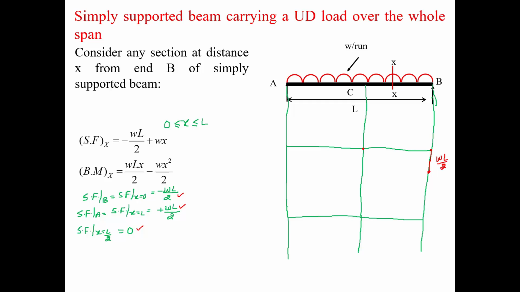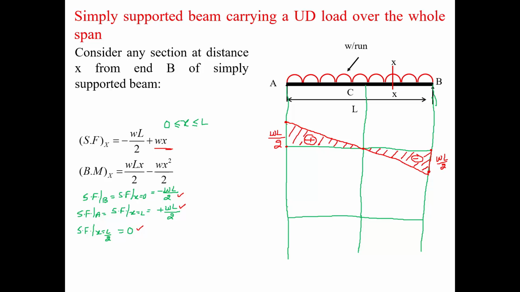So here, and at point A it is again plus WL by 2. So let us say somewhere here. Now to join these points, you have to use the equation of a straight line. So therefore we join them with the help of a straight line, which will pass through the point C. So this is a positive zone, this is a negative.